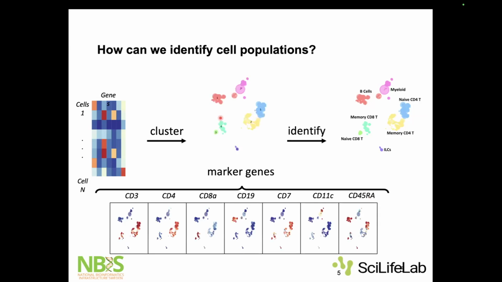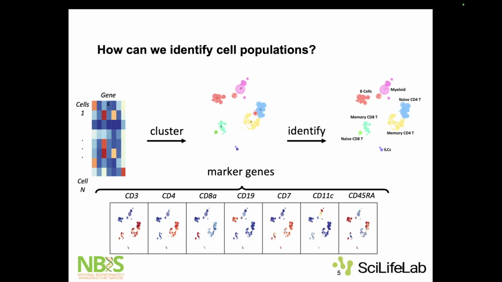One way to do that is that you do a clustering, and then you map the markers that you already know from your prior knowledge, that a certain marker should be from a certain cell type. So you map it on the cluster and then do the annotation manually.